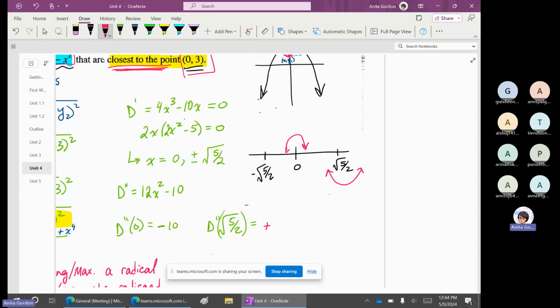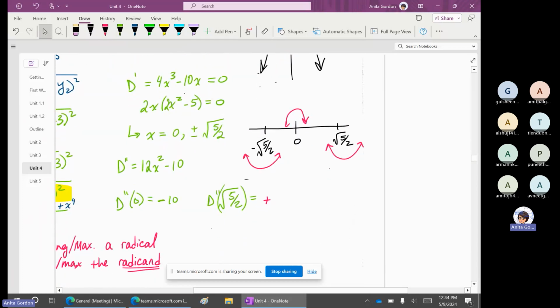Okay, without testing the last one, can you tell me what shape it's going to be? How do you know it's a smiley face? Because it's a symmetric graph, right? Plus 5/2 minus 5/2 is the same location on either side of the y-axis. We know it's symmetric about the y-axis. So if one side is a smiley face, the other side is a smiley face. So I don't even have to test it.